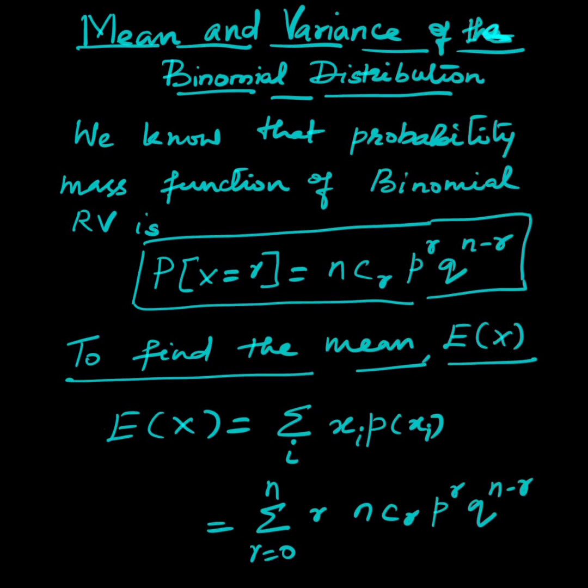So the maximum value of the random variable is n, and the index varies from 0 to n. Instead of the variable, we enter r, and the corresponding probability value is nCr p^r q^(n minus r).